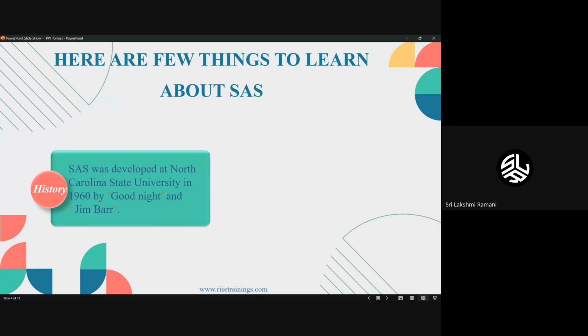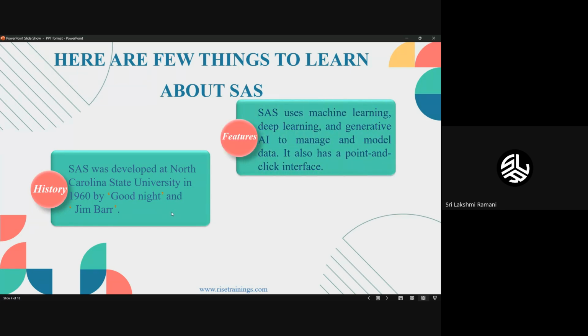As I already discussed in the previous slide, it was developed at North Carolina State University in 1960 by Goodnight and Jimbar. Every software has supporting languages in the backend. So SAS uses machine learning, deep learning, and generative AI, which is very advanced, to manage the SAS.